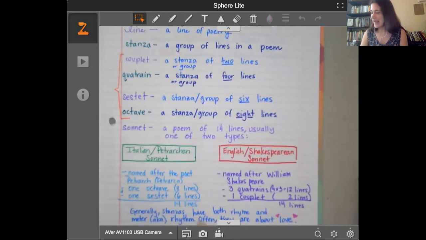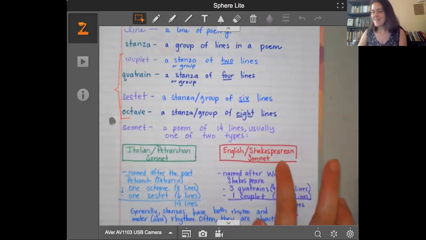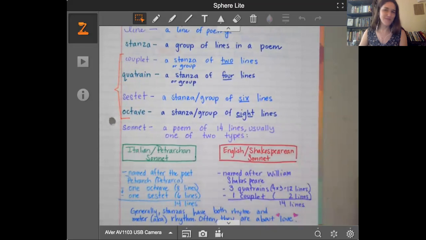Then we also have an English or Shakespearean sonnet. It's named after William Shakespeare, very famous, wrote tons of sonnets. And there are 3 quatrains, so that's 3 sets of 4 lines, so that gives us 12. And then it's finished with a couplet, which is 2 lines. So normally a stanza has both rhyme and rhythm, which we also call meter.